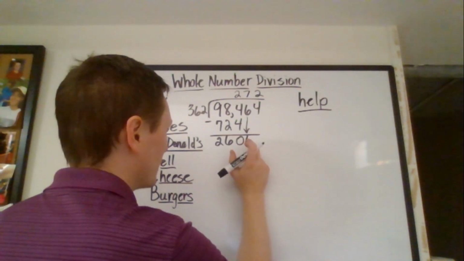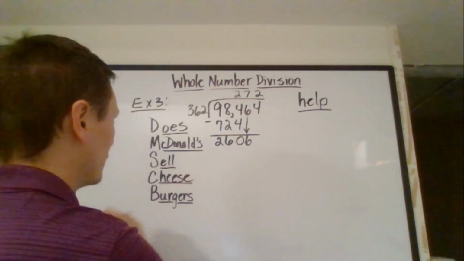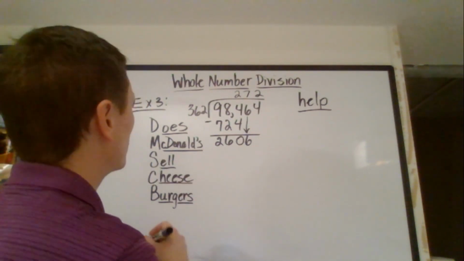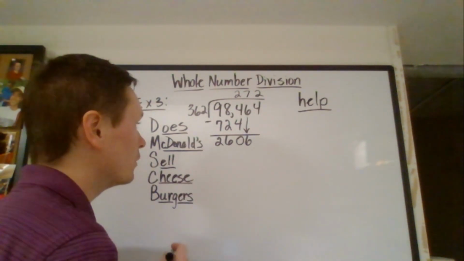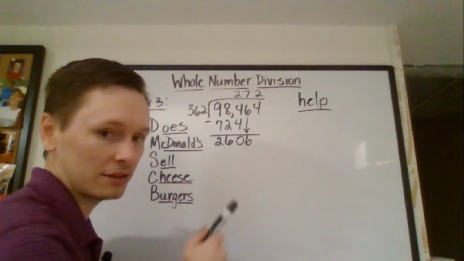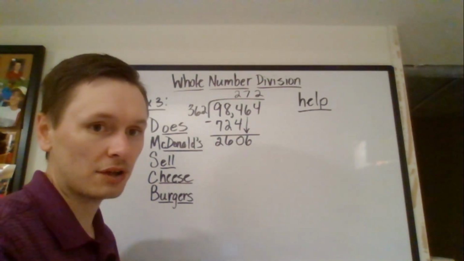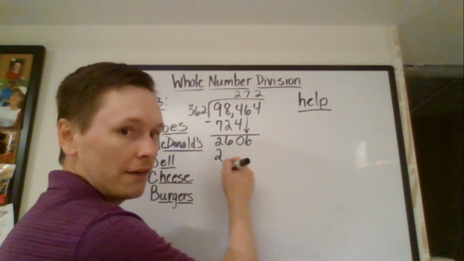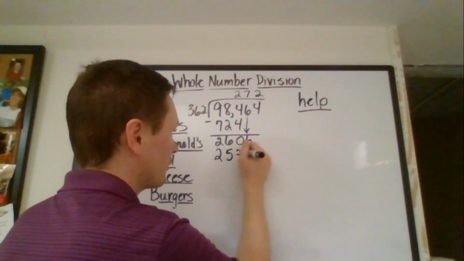Then I ask myself again, how many times does 362 fit into 2,606? Well, the answer is 7. And that is 2,534.